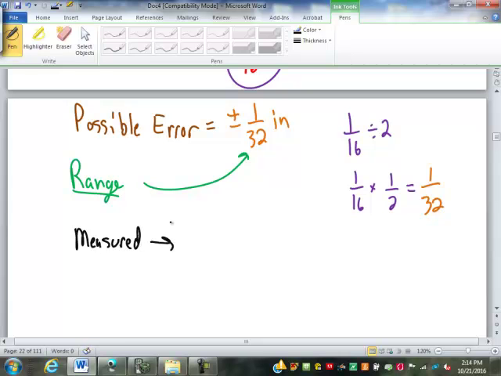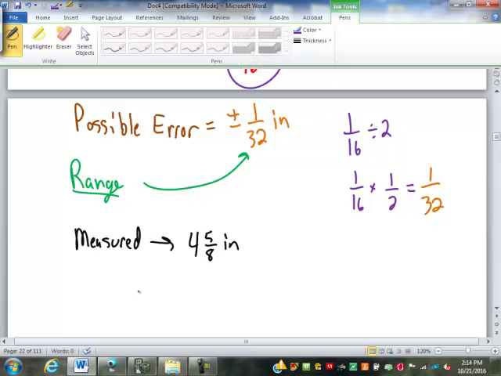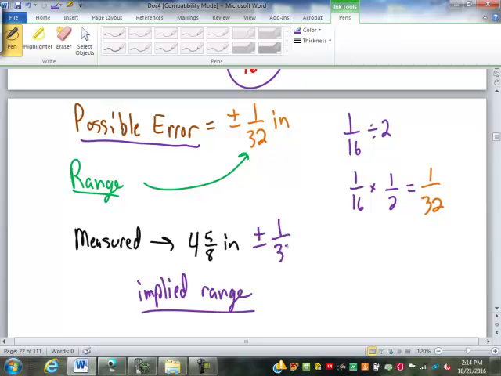And the object is measured to be 4 5/8 inches. The implied range of that measurement is 4 5/8 inches plus or minus our possible error in the measuring device. So 1/32 of an inch.